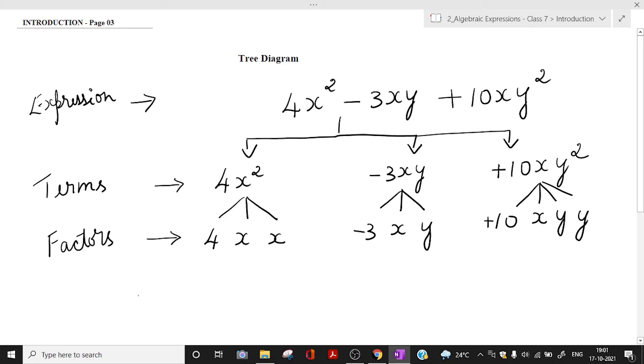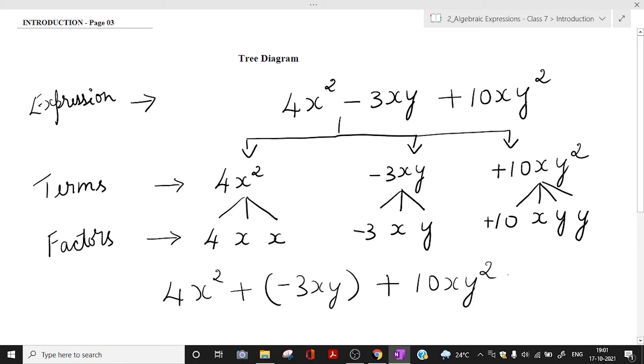When we add those terms, we get the expression: 4x squared plus minus 3xy plus 10xy squared. So when we add all these terms, we get the expression. I hope this is understood.